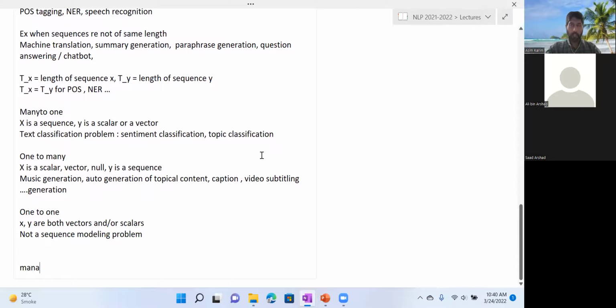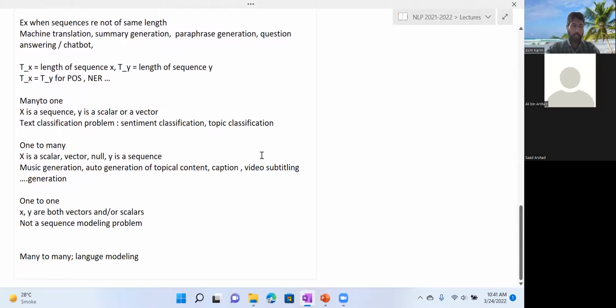By the way, for many to many, another example is, of course, language modeling. So input is essentially a text sequence. Output is also the same text sequence, but shifted one word to the right. So for example, I live in Lahore.